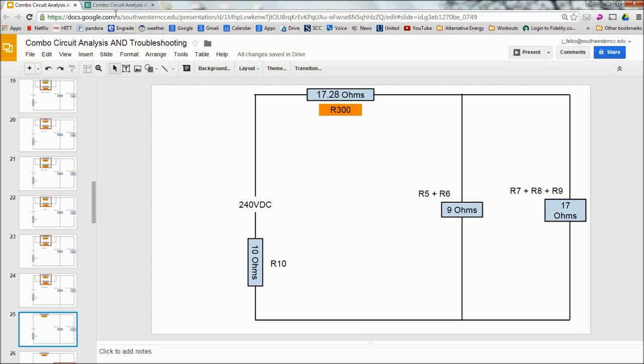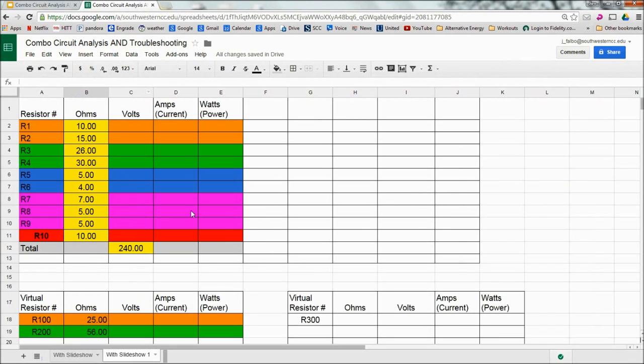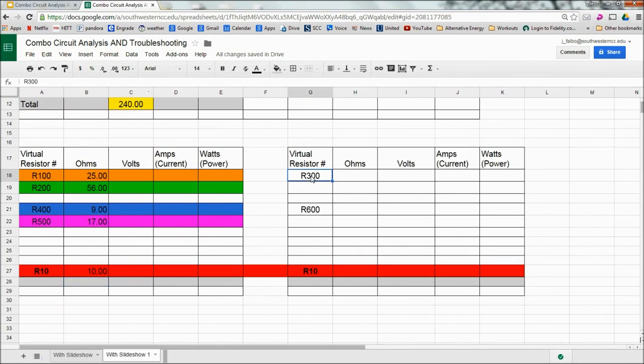So we're going to do this in a spreadsheet now, and we got to remember this is what we calculated. So over here I created the virtual resistor R300, and R300 are these 2 in parallel with each other. So what I normally do is I just tell these cells, I want you to equal 1 divided by this value. And I want the cell below it to do the same thing.